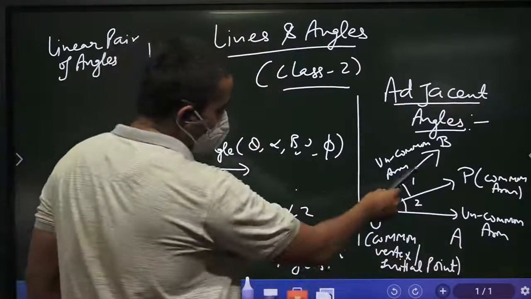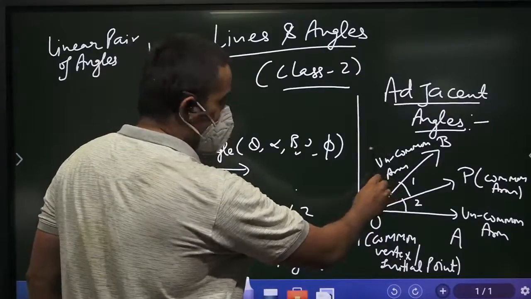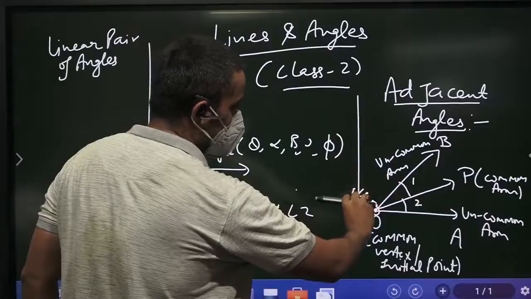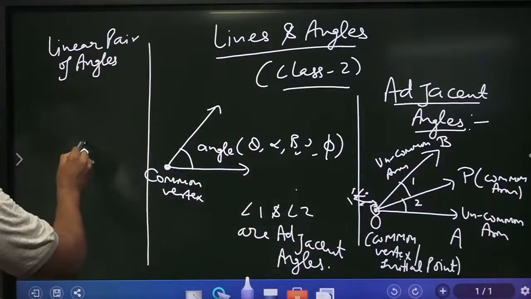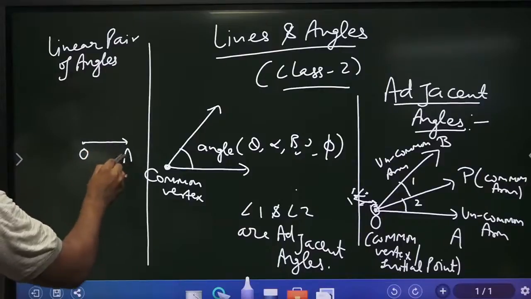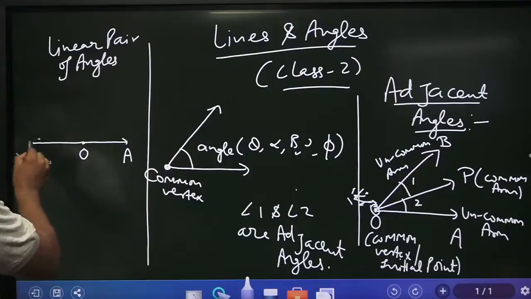Say if this OB ray rotates like this, you will have the common initial point O, you have a ray OA, and this OB comes here.